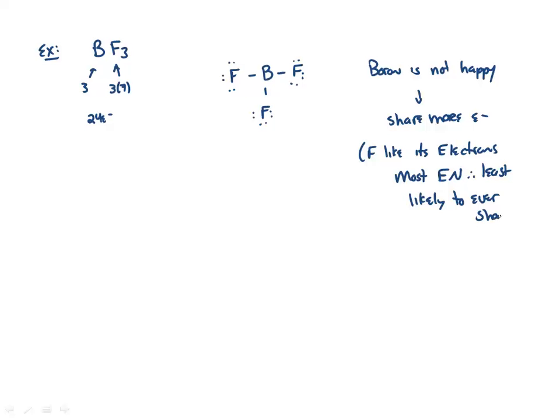And so the alternative structure for that would be something that looks like this, where we share one set of electrons, and I'll leave you guys to do the math, meaning you can double check, make sure this all adds up to 24. This leaves us with formal charges, in that boron has an extra electron that it doesn't want, and fluorine has a +1, or it's kind of giving up an electron it doesn't want to lose. And so this violates the octet.